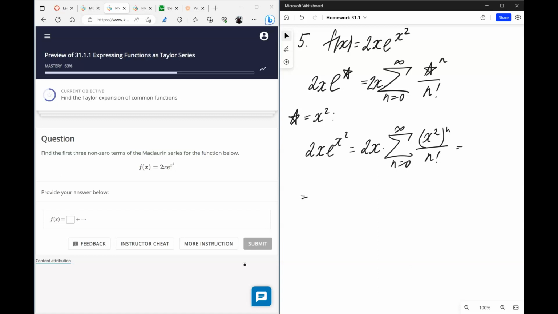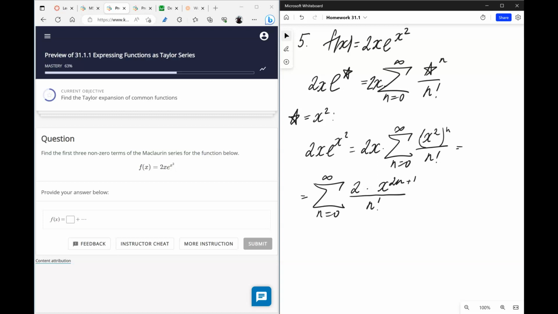Now, we've done this before with regular power series, we can bring that x inside. So we have 2x times x to the power 2n over n factorial, and now this x can be combined with this expression, using the properties of exponents, and this is our answer.